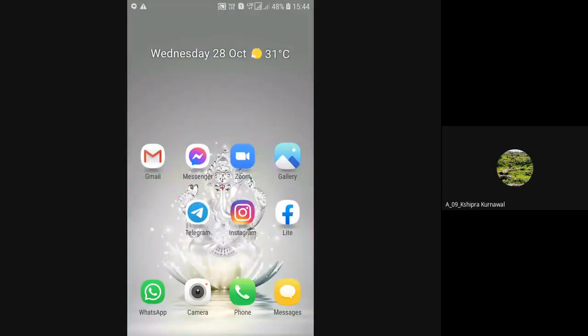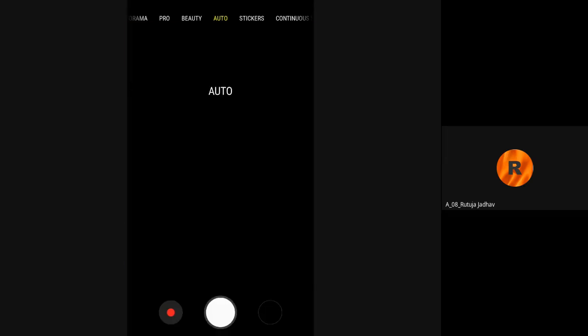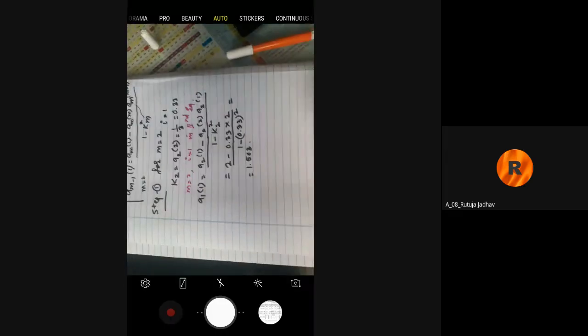Just tell me the value. 1.503. Okay. Any confusion here in this part? No sir. Then this is for m equals 2 and i equals 1 that we have taken.